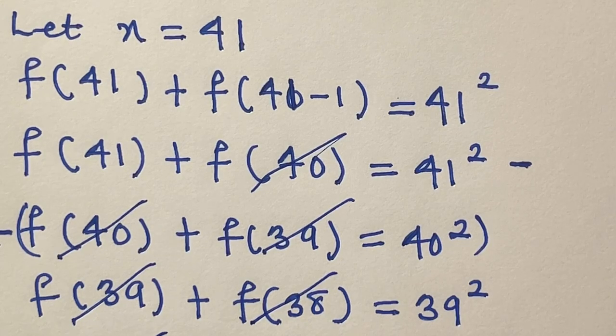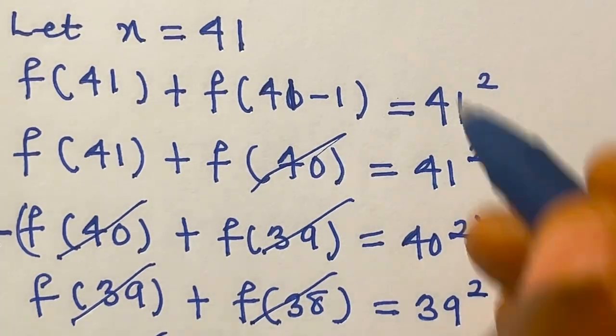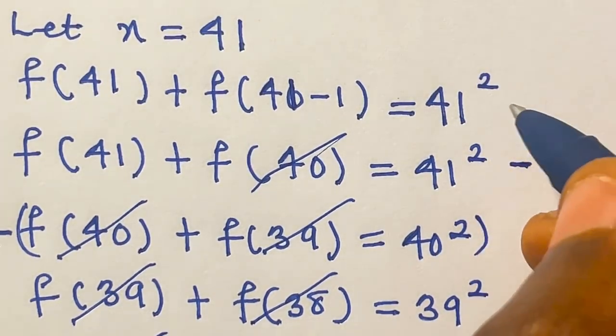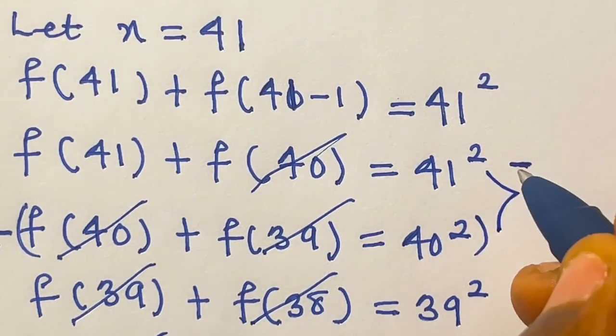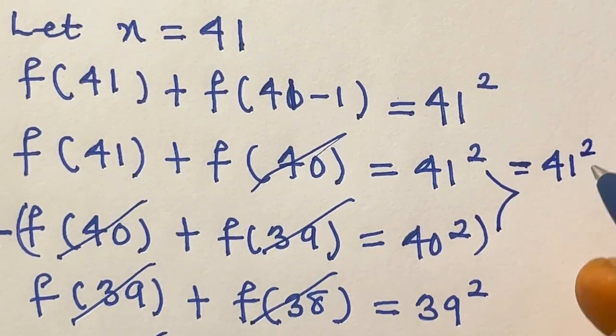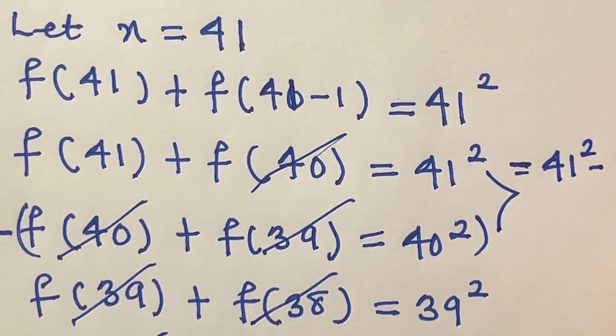Also f of 37 here, minus f of 37 here, we cancel. Here also we have minus f of x plus f of x. Here also you are going to do the same, like this and this now. So we have 41 squared minus 40 squared, right?